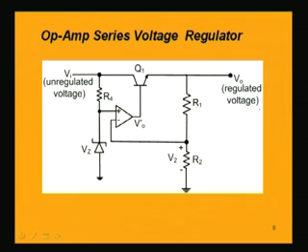We are having an op amp, operational amplifier, whose positive terminal is connected to the Zener diode having the Zener voltage Vz, and the other terminal, the negative input or the inverting input terminal, is connected here, and the circuit R1 and R2 is forming the sampling circuit.